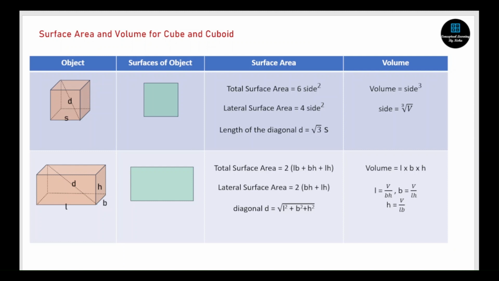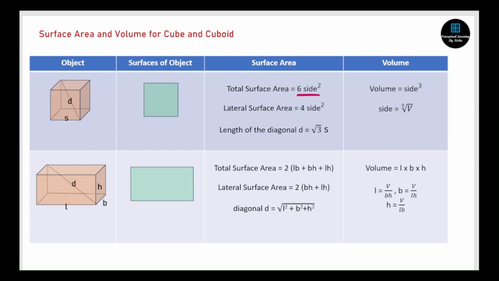So for a cube, all the sides are given as S. The diagonal is nothing but joining any two opposite vertices. Now the total surface area is nothing but 6 side square. Lateral surface area is nothing but just the 4 walls.